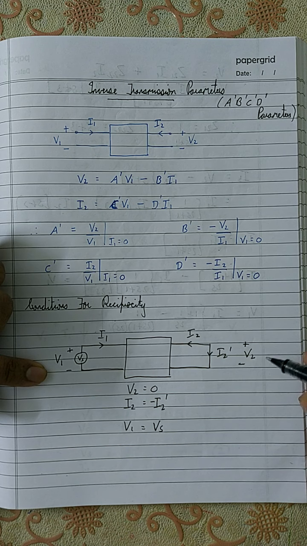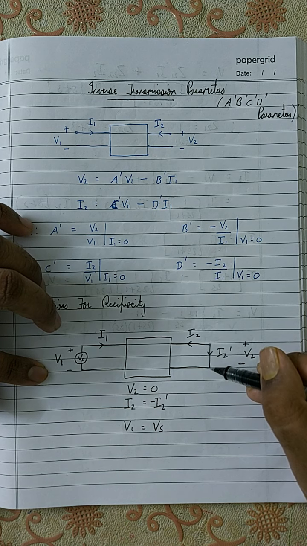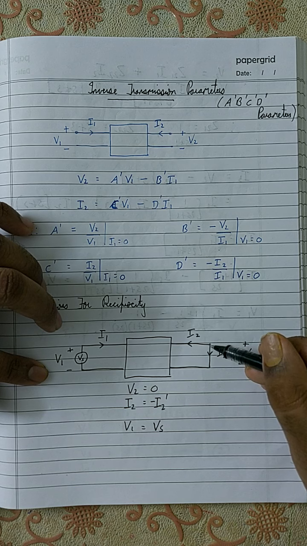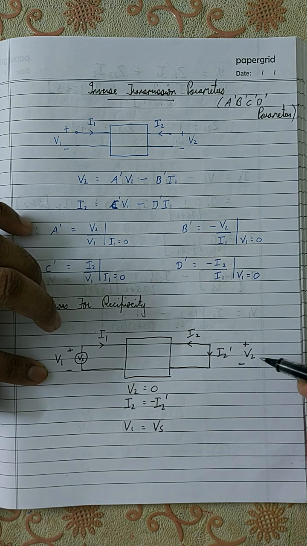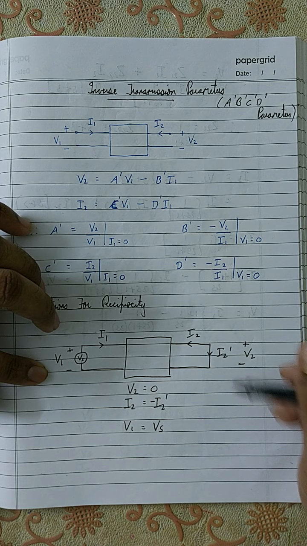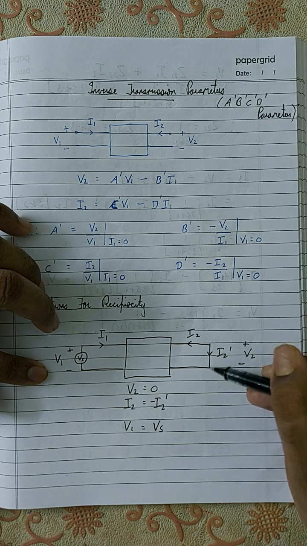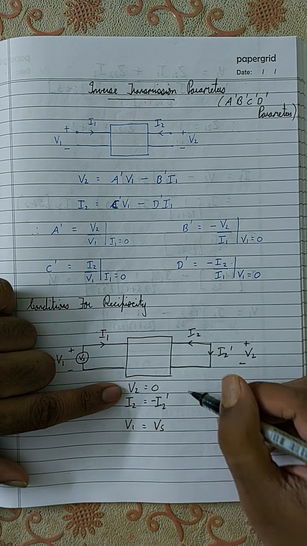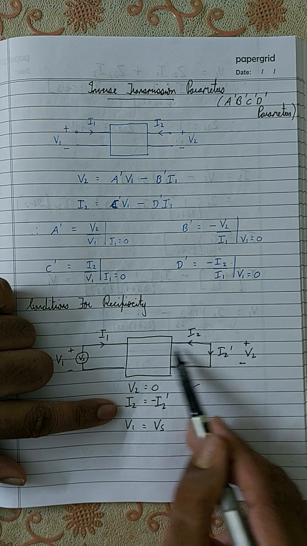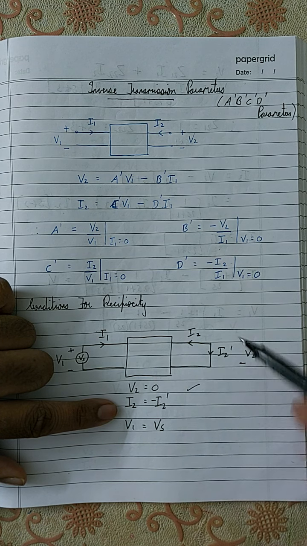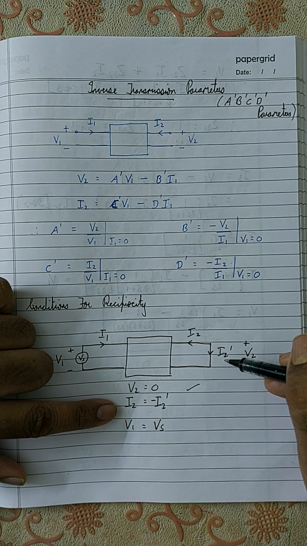Since I'm shorting these two ends, naturally the potential at this point and at this point is the same. In other words, it's been shorted, which means V2 is equal to 0, because there is no voltage over here. We already know the current going into this network is I2, so the current in this direction, the response, is I2 dash.